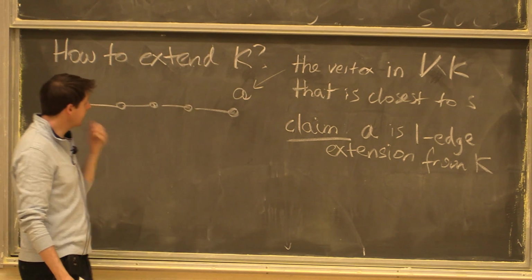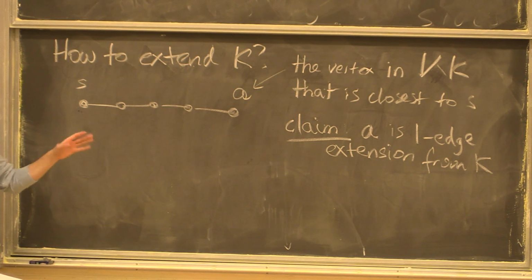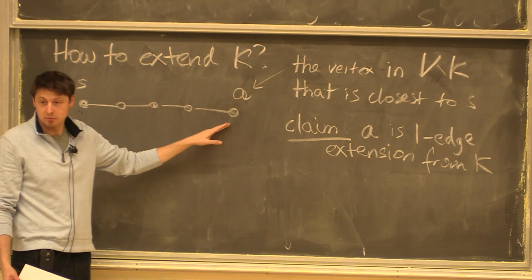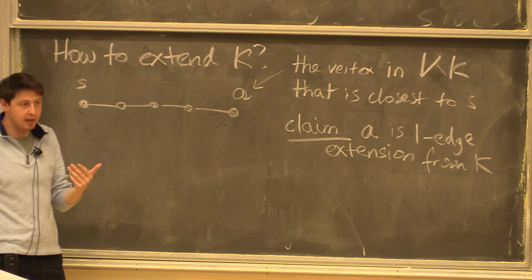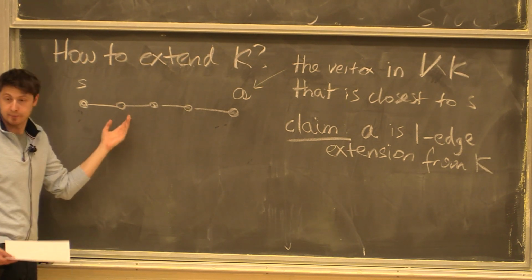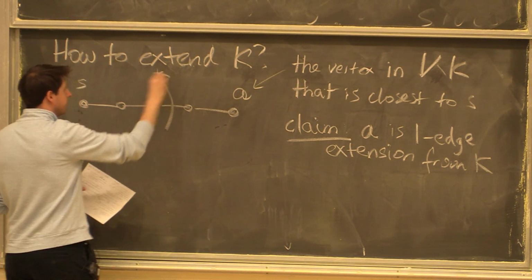Why? Well, let's see. Look, there's a shortest path from S to A. This shortest path starts in K and ends outside of K. It must cross the boundary of K, say the first time, okay? Somewhere here. So that's the boundary of K.